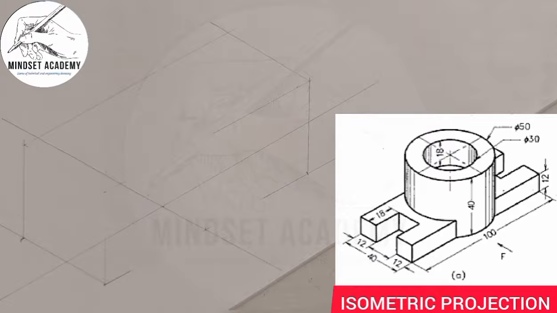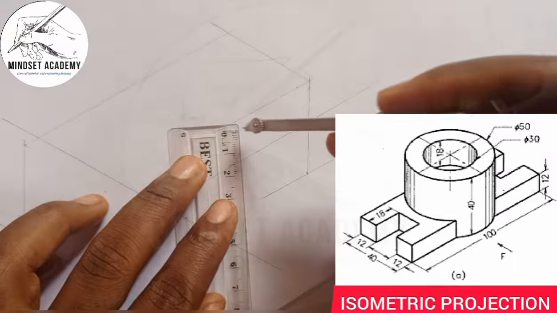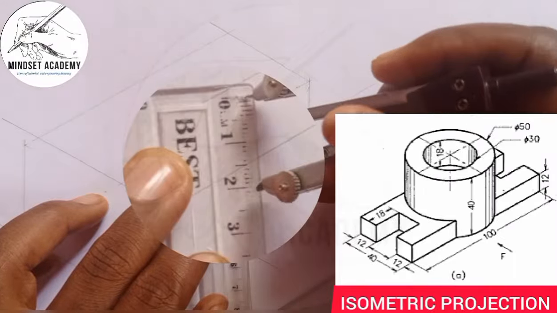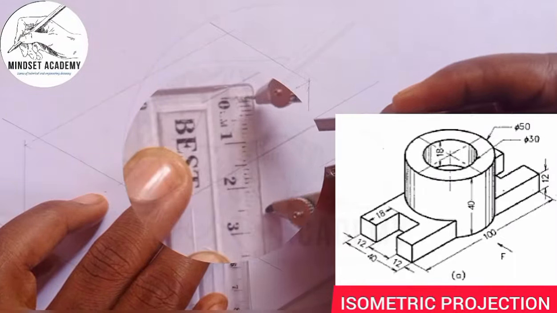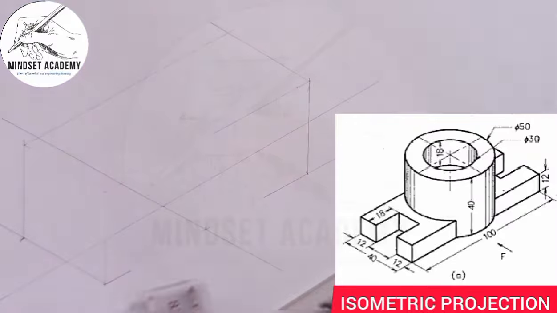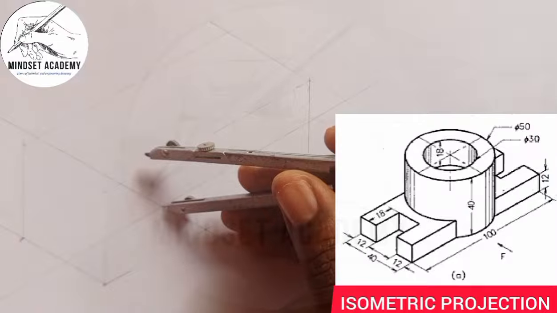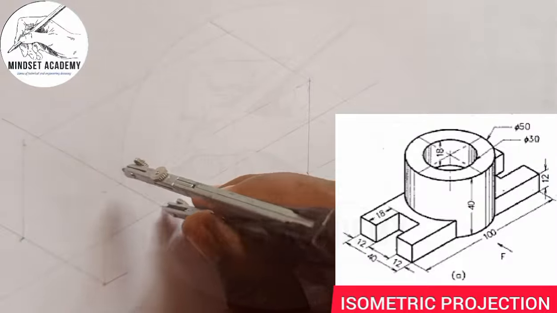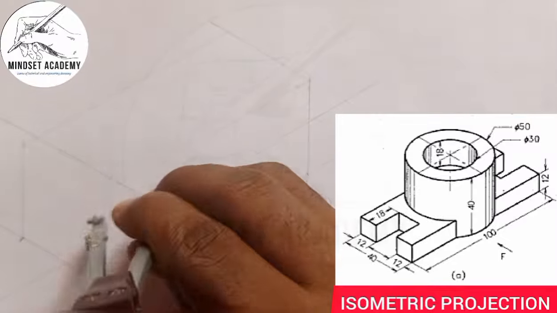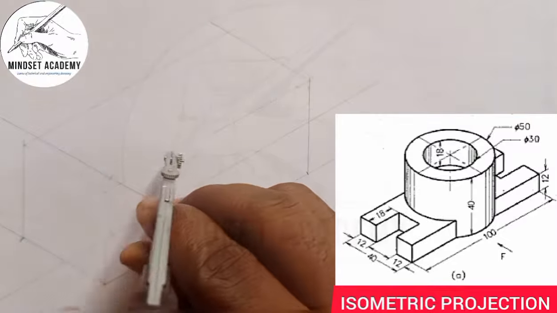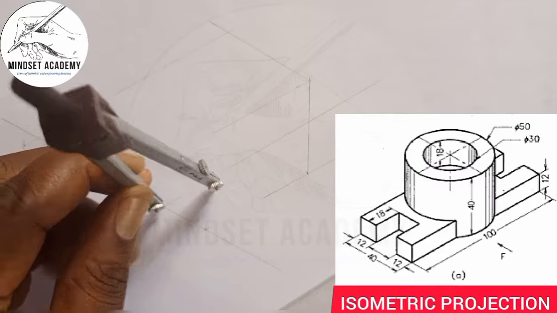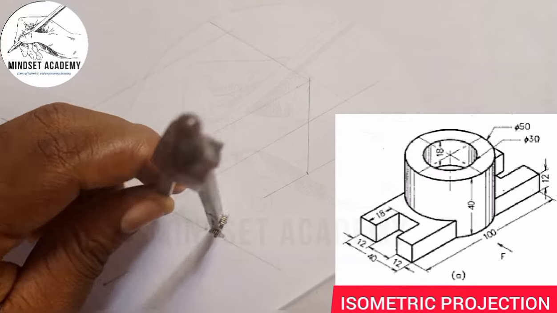Since the diameter is going to be 50, I'm going to measure half of 50, which is what? 25. So from 0 to here is given to be 25, right? And I'll place it at this point here. And I'm going to mark 25 here, 25 here, 25 here, and 25 here, right?